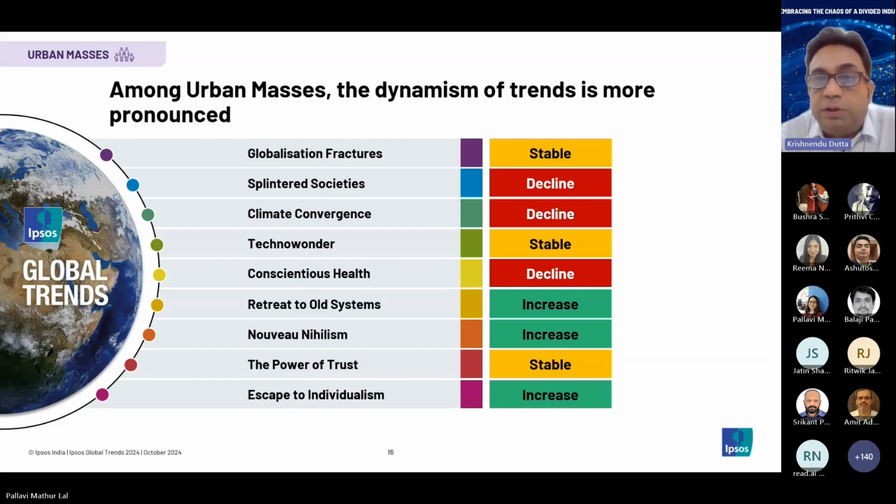So possibly messages around authenticity and social responsibility for the digital Indians, and a lot more hope, empathy, nostalgia, and value for the urban masses. When we think about how to communicate with them, there is an opportunity to premiumize content for the digital Indians around authenticity and social impact, whereas for urban masses, it should be simpler, more relatable, and possibly more humorous.